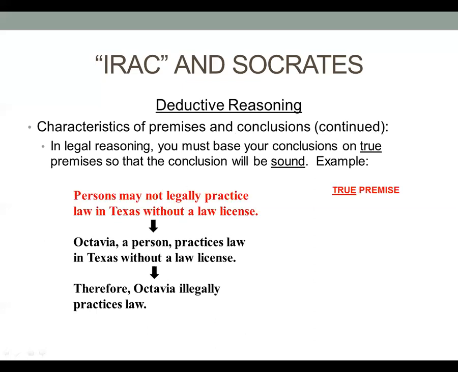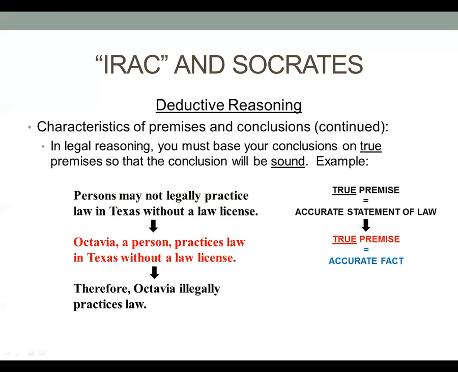So here you have a true premise that is an accurate statement of the law. The second minor premise is also true, we're assuming, that Octavia, in fact, is practicing law in Texas without a law license. This is an accurate fact. So therefore, the conclusion that Octavia is illegally practicing law in Texas is valid and sound.